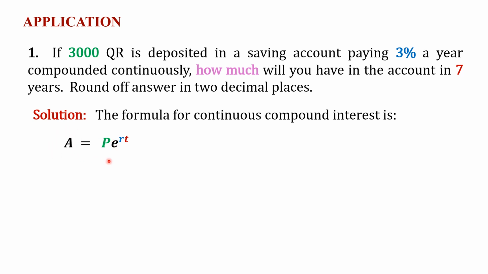Following this formula, and you have to memorize this, we will have A equal to 3,000 e to the power 0.03 times 7, and then you just put this in the calculator, and the answer to two decimal places will be 3,701.03 Qatar riyals. So this is the answer for question number 1.